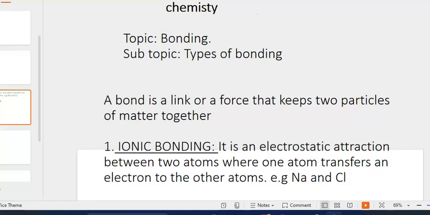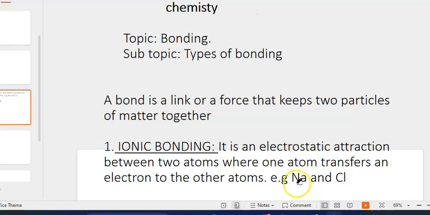In simpler terms, ionic bonding is a strong chemical bond formed by the electrostatic attraction between oppositely charged ions, which arise from the complete transfer of one or more valence electrons from a metal atom to a non-metal atom, creating a positive ion or cation and a negative ion or anion. So we can say the ionic bond occurs between a metal and a non-metal.